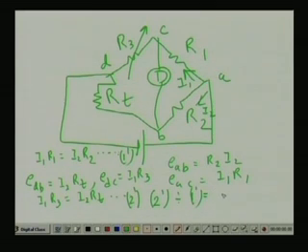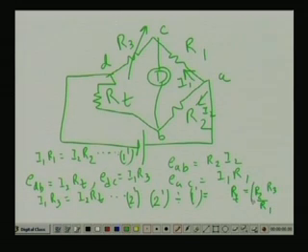RT by R2 equals R3 by R1. So I can put R1 here.